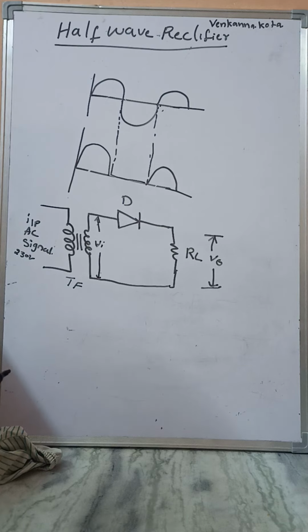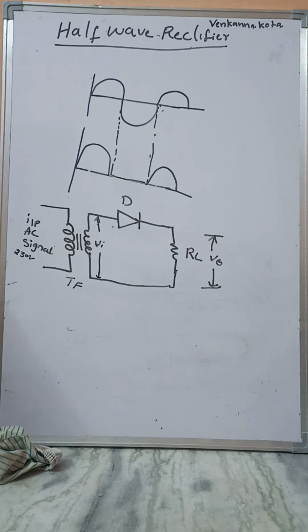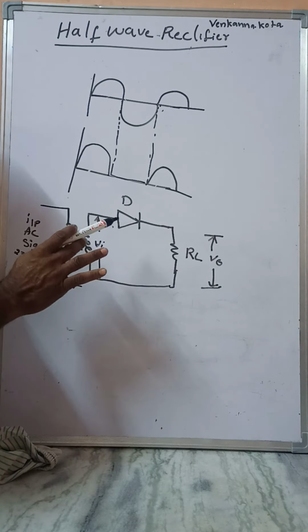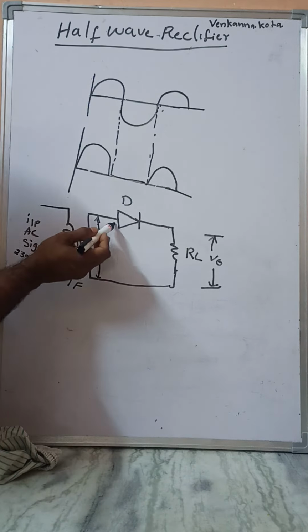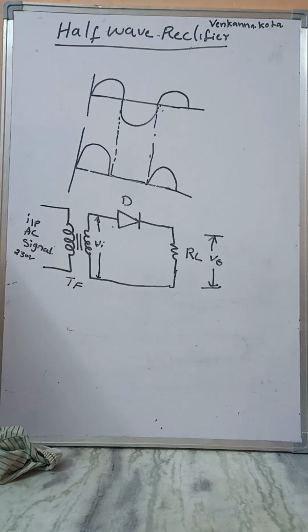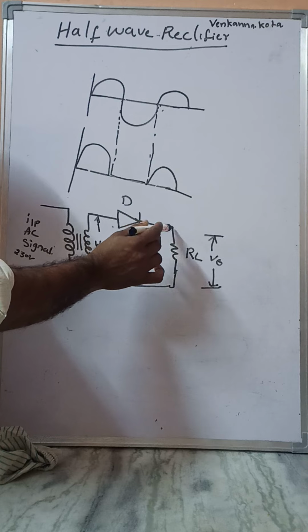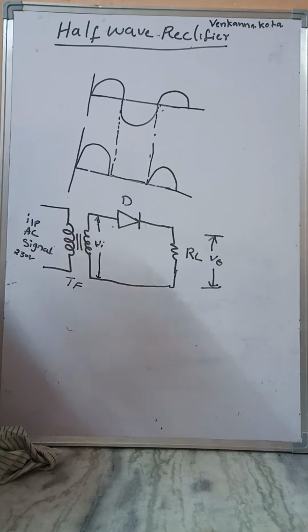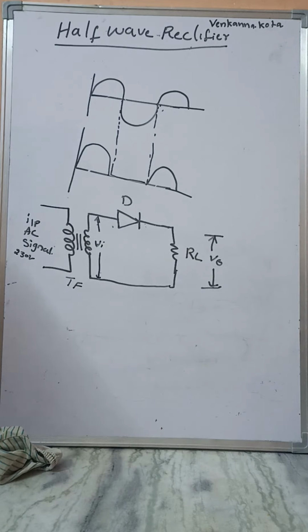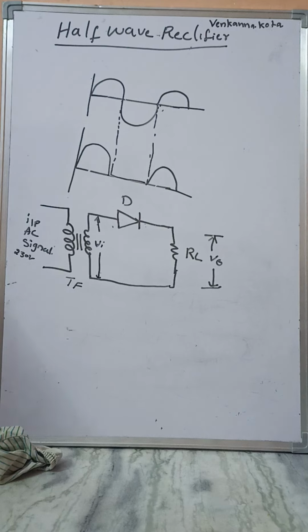During forward bias the diode acts as an on switch, and during reverse bias the diode acts as an off switch. The diode current flows directly to the load resistor, and we take the output across the load resistor.